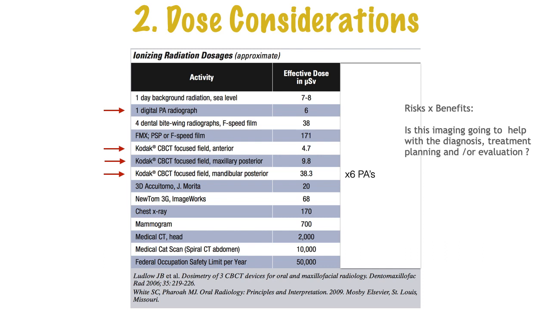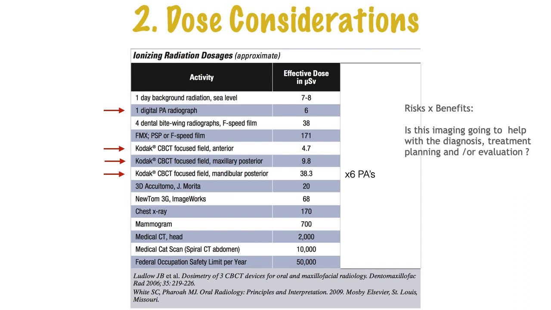So in one day, the background radiation at sea level is 78 microsieverts, and one digital PA radiograph exposes the patient to around 6 microsieverts of radiation. So about the same amount of radiation we're exposed to in a day.